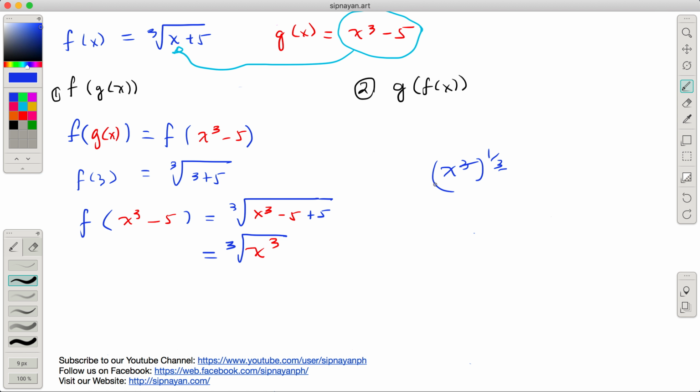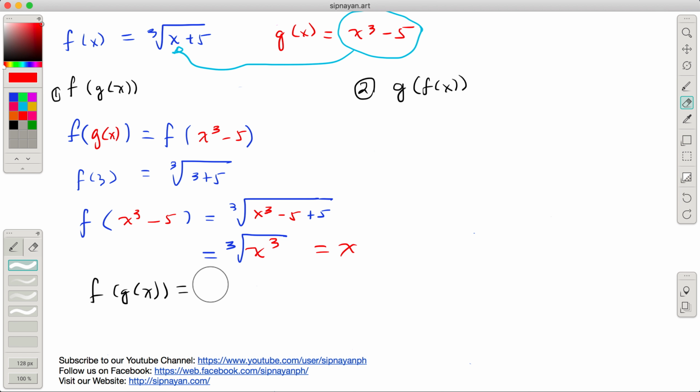So, makakancel yan, x to the first power, which is simply x, no? I-block na natin. So, f of g of x is equal to x. Kasi ito, this one is also equal to x.